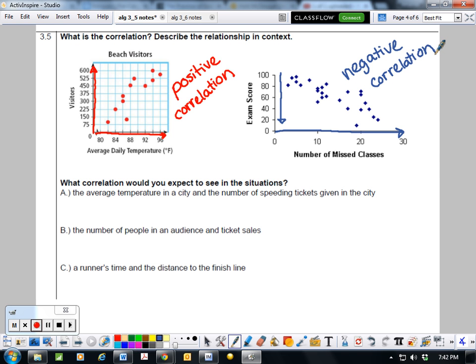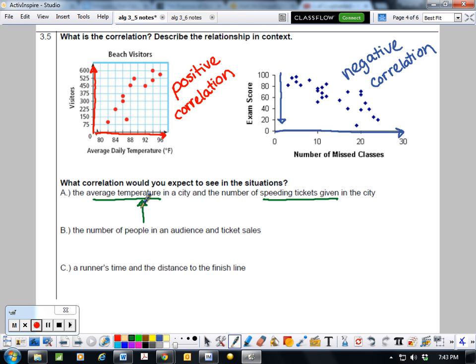Okay, so now we're going to think about what type of correlation you would expect to see. The average temperature in a city and the number of speeding tickets given in a city. Would you expect that as temperature increases, speeding tickets increase, decrease, or there is no relationship?